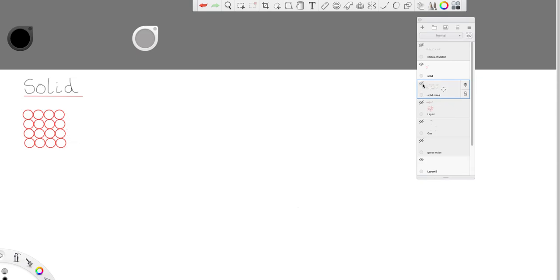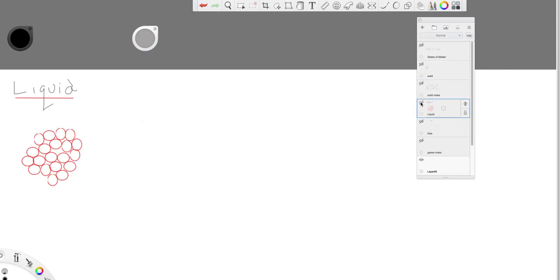Let's move on then and look at a liquid. So here we have a similar kind of arrangement, but there is a difference here.